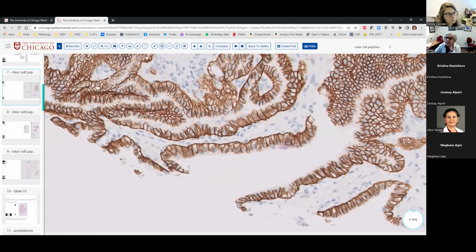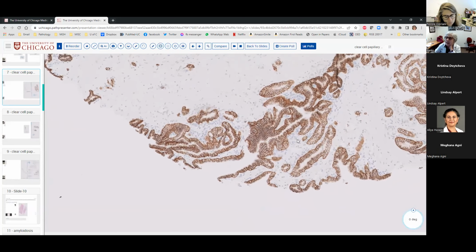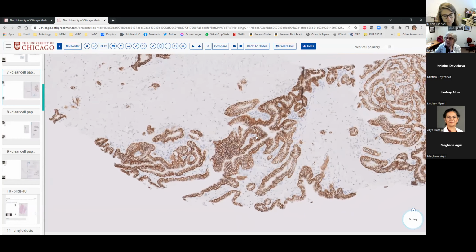If this was a clear cell, it would be box-like. And of course, in papillary RCC type 1, this would be a negative stain. Therefore, based on the morphology and immunohistochemical staining, we eliminated clear cell, we eliminated translocation RCC, and we eliminated papillary type 1. Therefore, the final diagnosis is clear cell papillary.